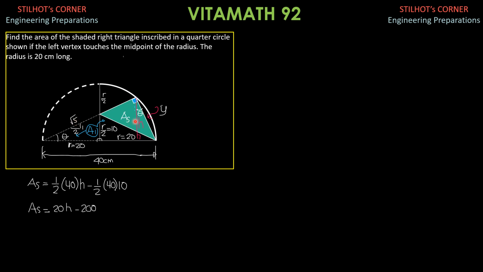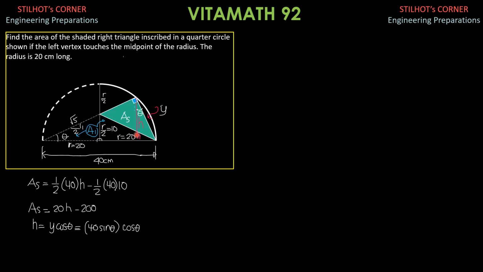So again, h is y cosine theta, and y is, from this right triangle, opposite to theta, and the hypotenuse is known, which is the diameter, 40. So therefore, y is hypotenuse times sine of theta, 40 sine theta.